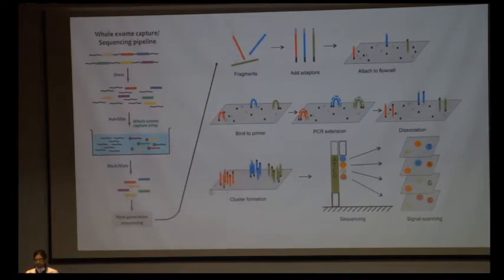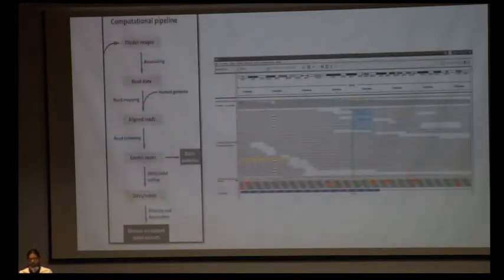So a flow cell will contain tens to hundreds of millions of these clusters. Then the actual sequencing process occurs using deoxyribonucleotides with specific dyes, and the machine captures an image at each step in order to build up the sequence. So those were the steps which occur in the lab.